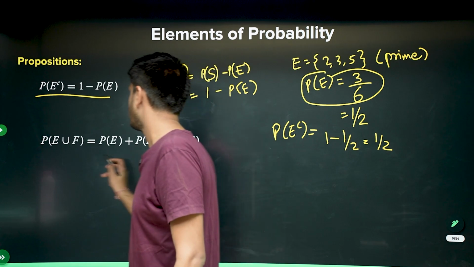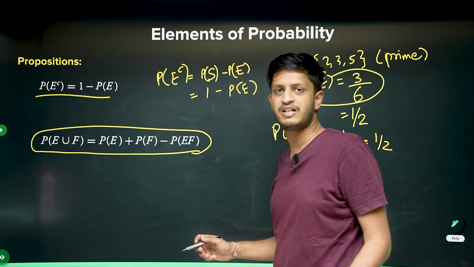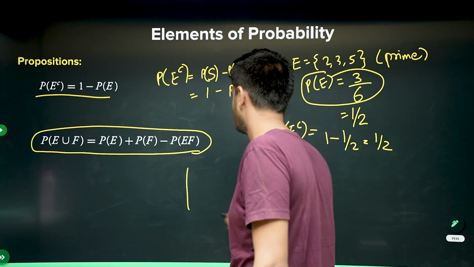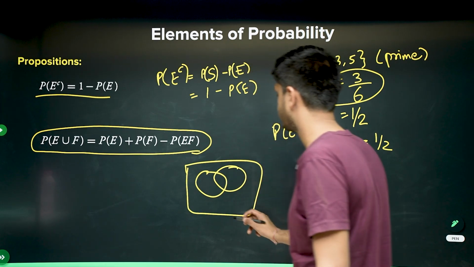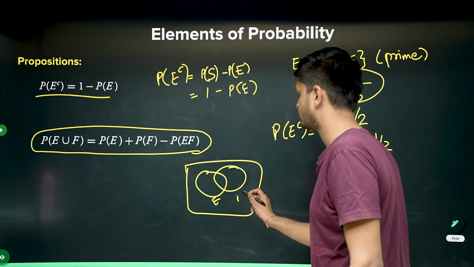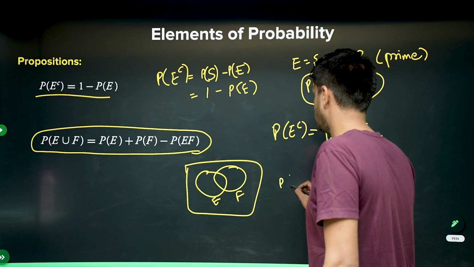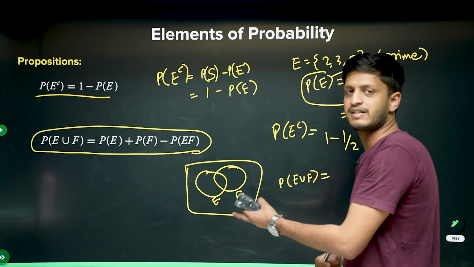And this is the most important law. This we have seen, this is standard inclusion exclusion, right? So what happens? If you have two events, E and F, and they are not exclusive, they can have something in common. Then the probability of E union F, we have seen this in set theory as well, right?